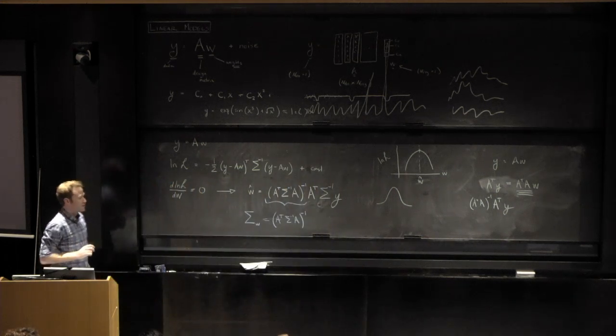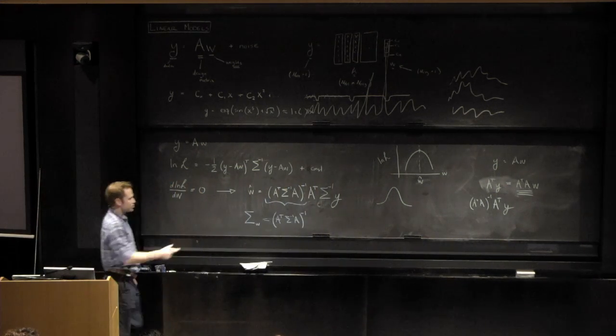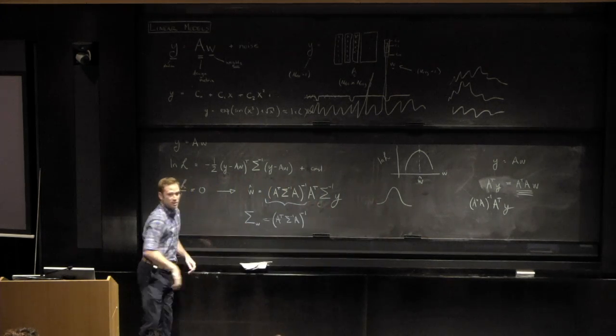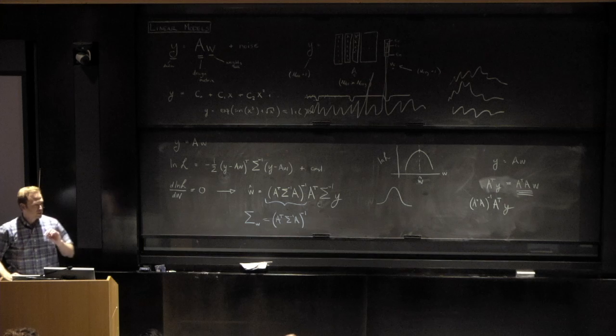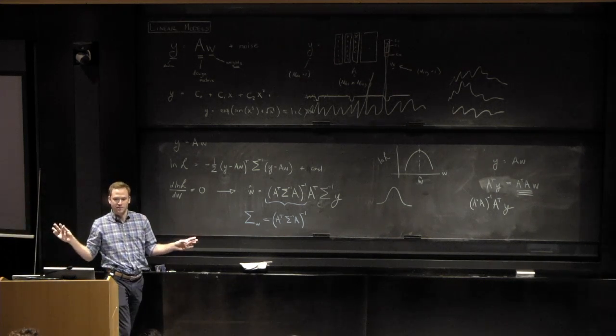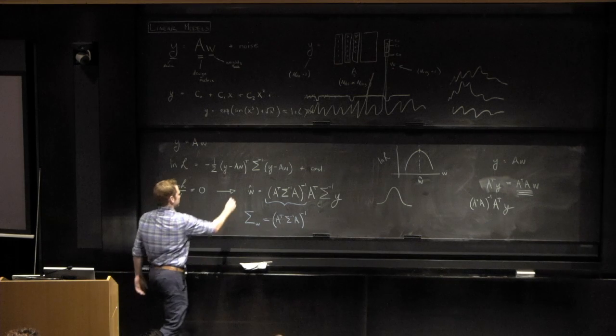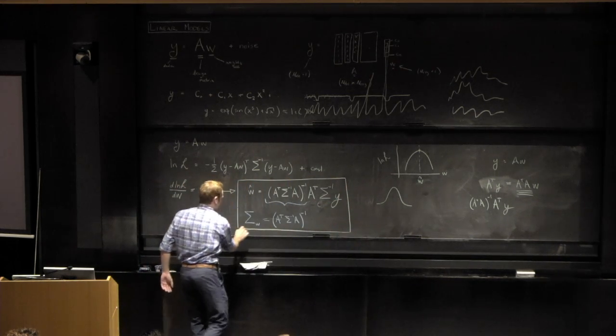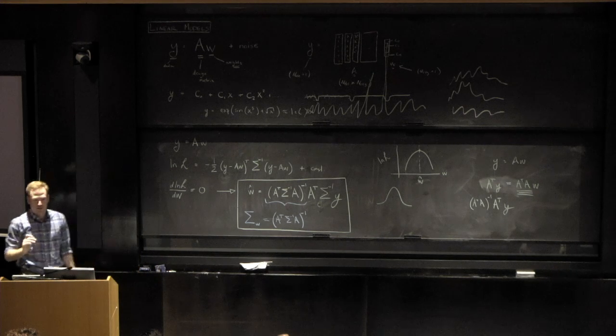All the W's are going to be Gaussians, and their standard deviations are going to be the diagonals of this matrix. So if your model's linear and your errors are Gaussian, you don't have to do MCMC. That's the beauty. You can just invert a couple matrices and get your answer and publish your paper and get famous.